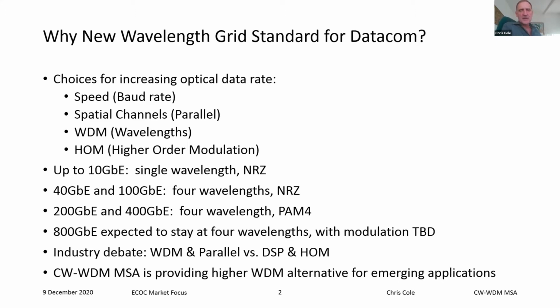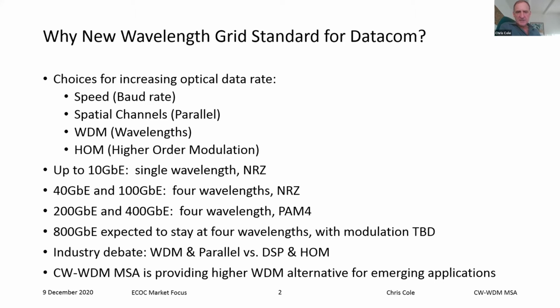However, there is a broader industry debate, and that debate really started when PAM4 was first adopted, which is between more channels versus higher order modulation. And more channels is either WDM or parallel, and higher order modulation goes hand in hand with DSP.